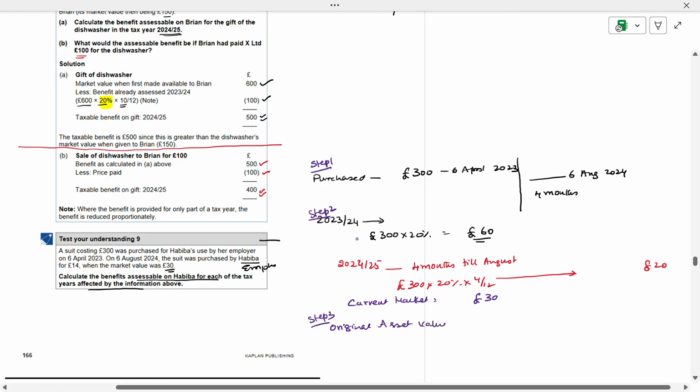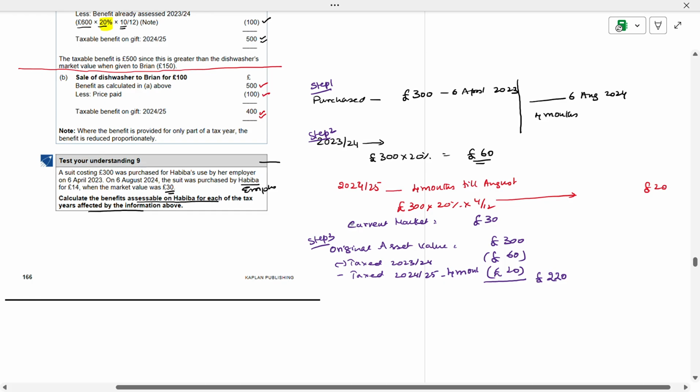Original asset value is how much? 300. Minus taxed. How much was taxed in 2023-24? 60. Again, in 2024-25 for 4 months, how much was taxed? 20. It comes to 220.